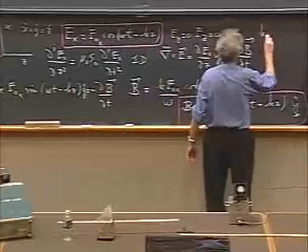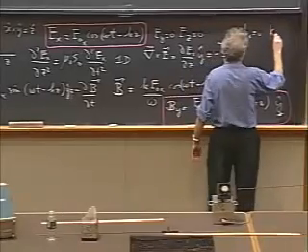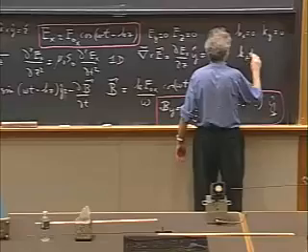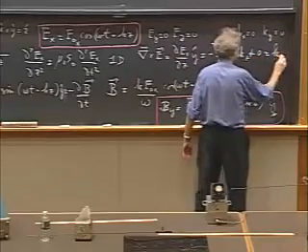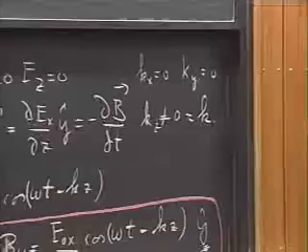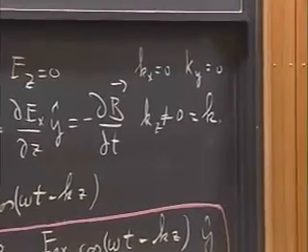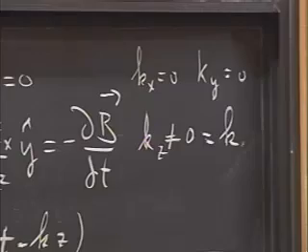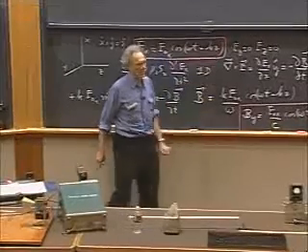So kx was 0, ky was 0. Because it was only going in the z direction, kz was the only one which was not 0, which was k. And so my dot product, k dot r, collapses into a kz. And so the wavelength lambda is 2 pi divided by this k.